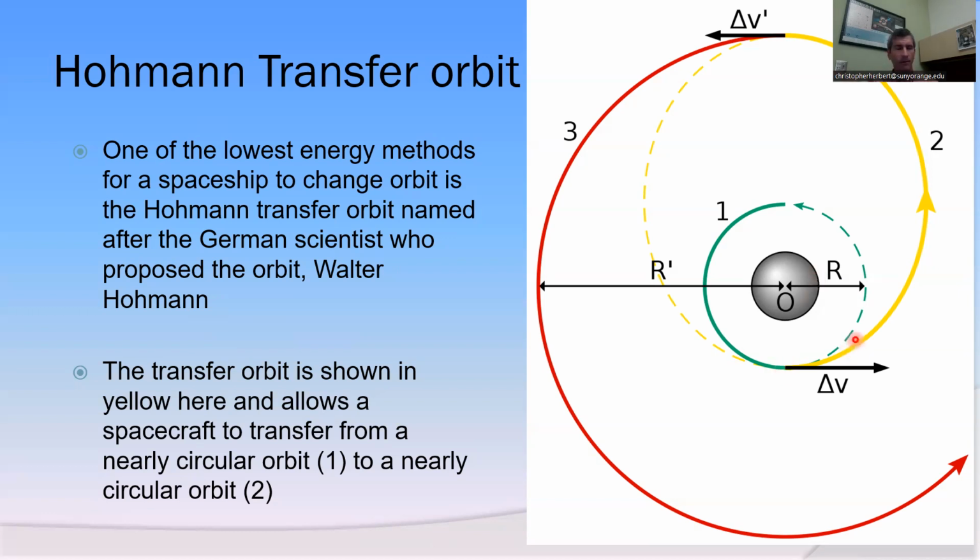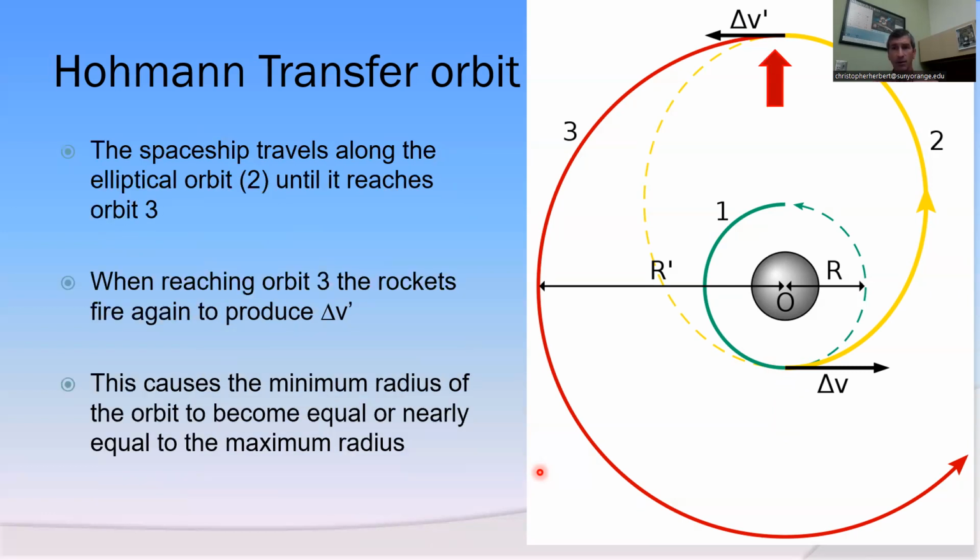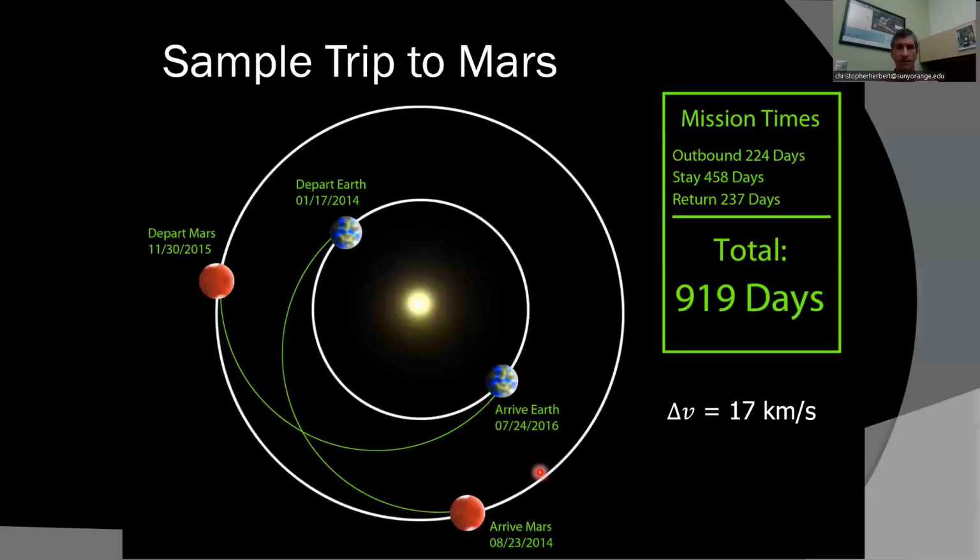So, with ion engines, we can actually cheat a little bit and give ourselves a little boost and maximize the efficiency. In any case, a burn to increase the radius, a burn to circularize the orbit, and that's essentially how we transfer from one point to another.